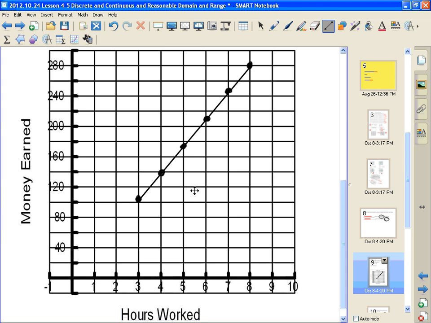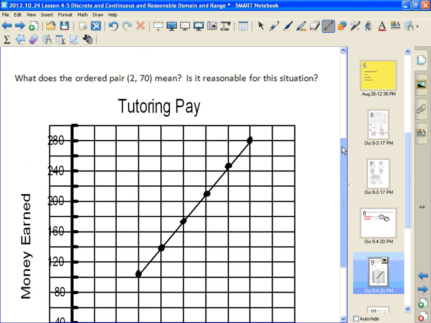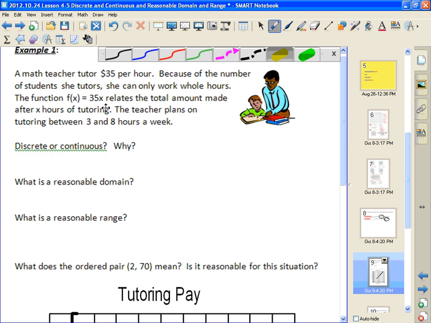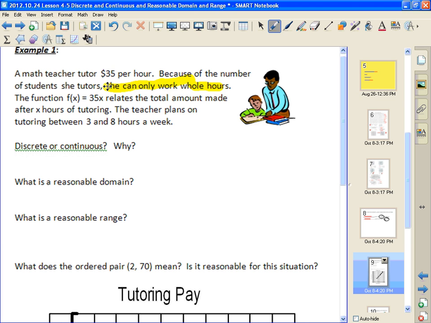Okay, by connecting the dots, you are insinuating that the values in between are acceptable. So here, if I connect them, then I'm insinuating that the numbers between 3 and 4 are acceptable values for this situation. But if you look back up here in the word problem, it says right here, she can only work whole hours.